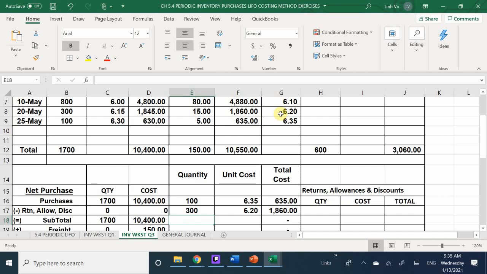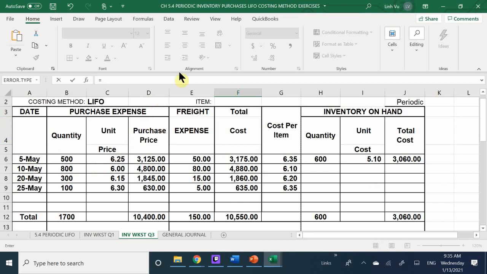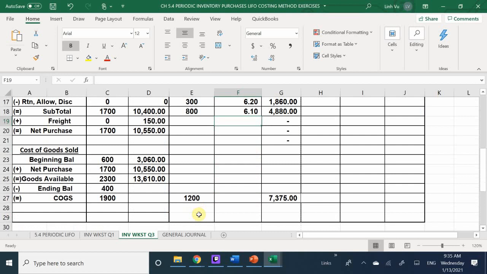So which batch are we going to take out next? May 10th. May 10th for the 800. Okay. And that cost me 4,880. Correct. So now we are climbing up and we only see that we have 1,200 items sold.